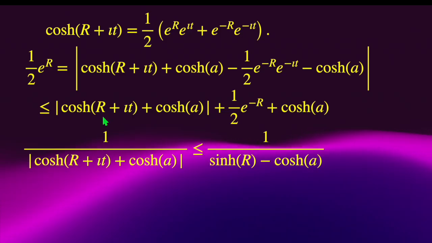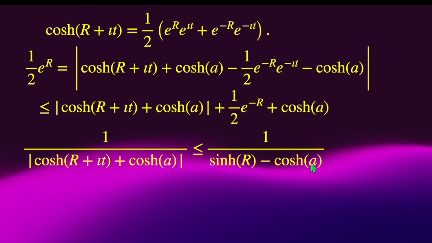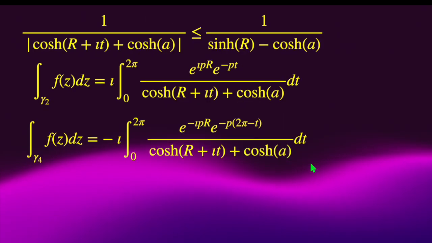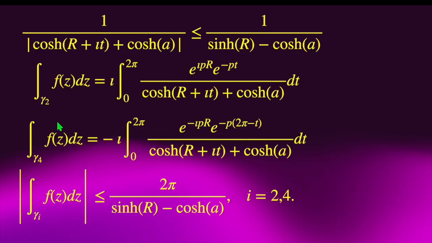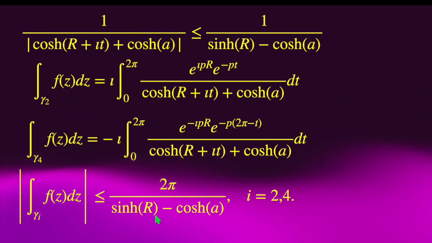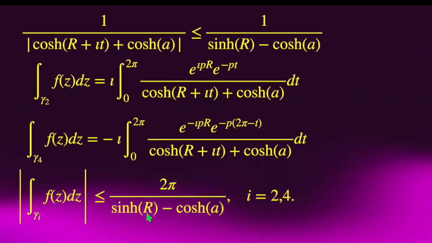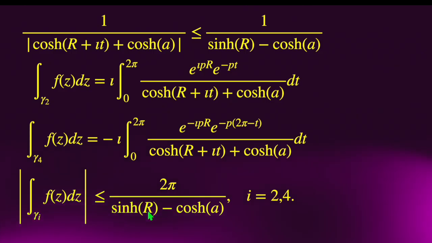If we take the inverse, we get this inequality. Now we have a majoration of our integral by this quantity, and this quantity goes to 0 when R goes to infinity, because sinh R goes to infinity when R goes to infinity.